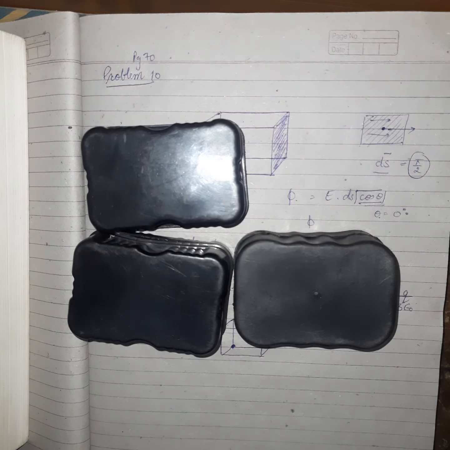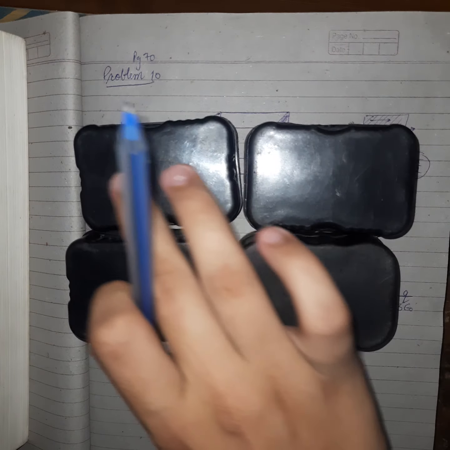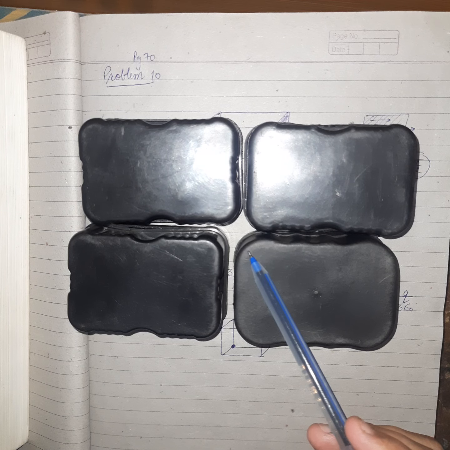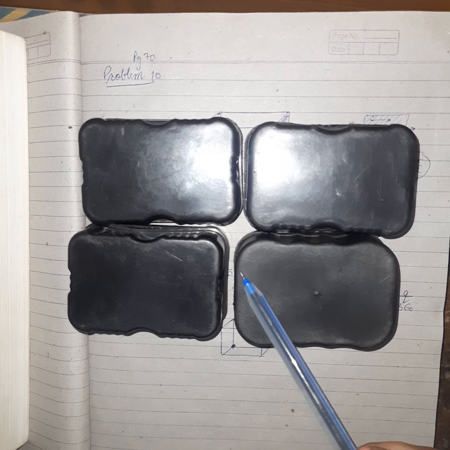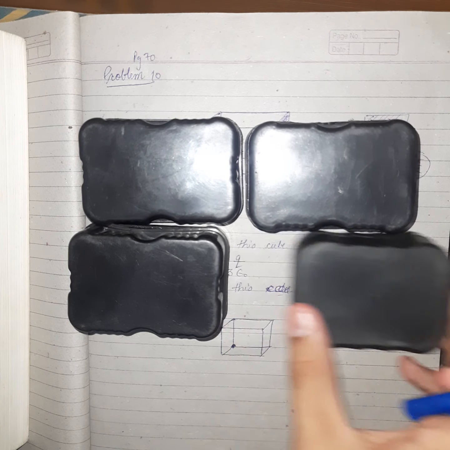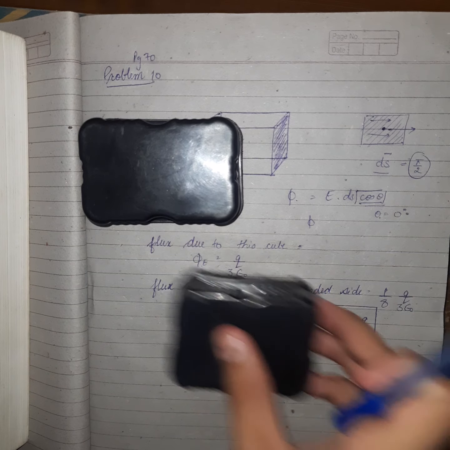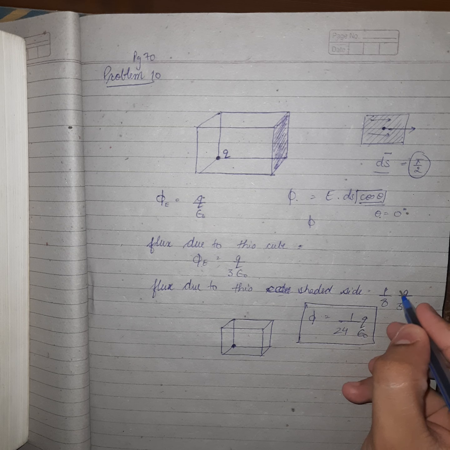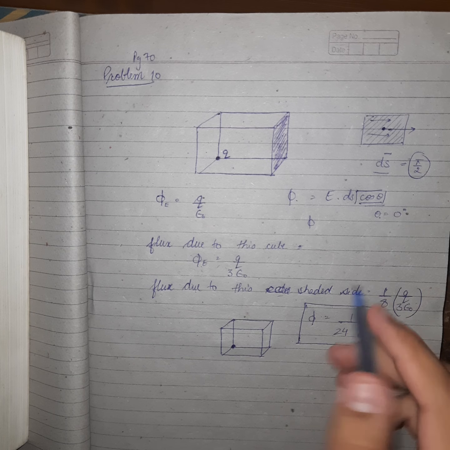And for the downside, if the charge is here, we also need 4 boxes. So in total we need 8 boxes to close the figure to calculate the electric flux. So I hope you get a better understanding.